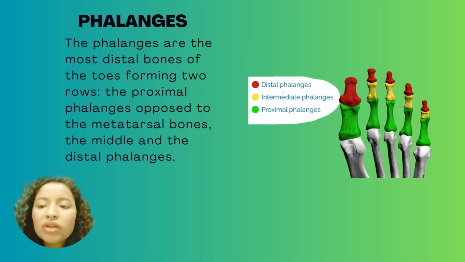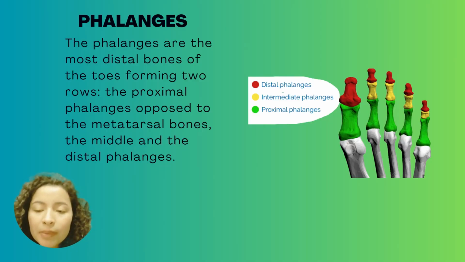All other toes have three phalanges, mirroring the anatomy of the hand. Proximal phalanges present a cylindrical and curved shape similar to the metatarsal bones, with the largest one being the proximal phalanx of the hallux. Distal phalanges have a flat shape to accommodate the toenail bed.